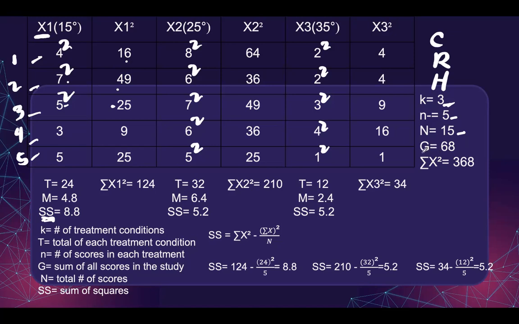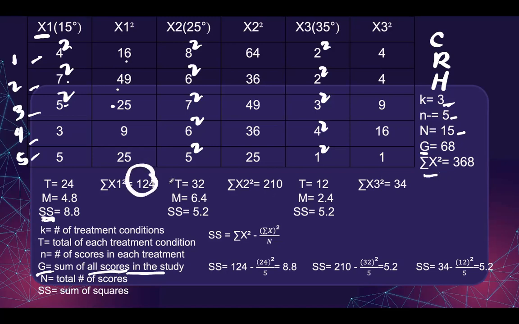The G is the sum of all scores in the study. So we have 68. Then, the summation of x squared.